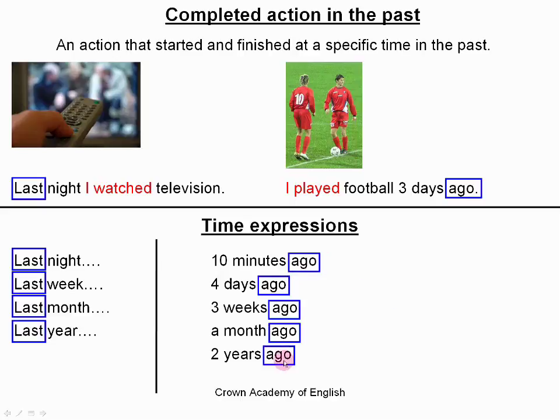Okay, so very, very useful expression. And of course we can say yesterday. That is also a time expression for the past. And we also use the past simple to describe a series of completed actions.